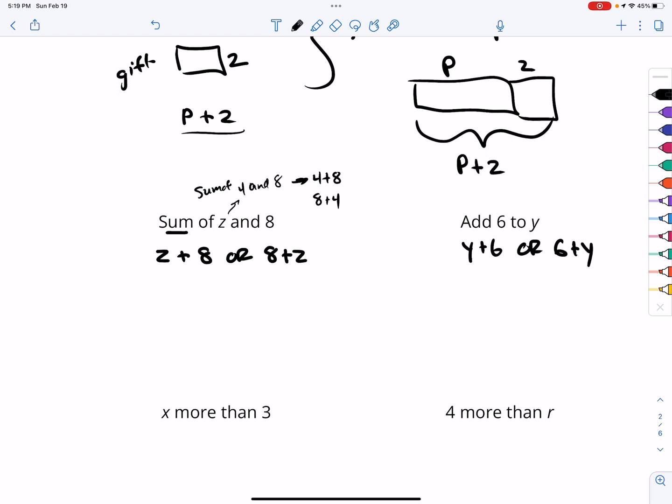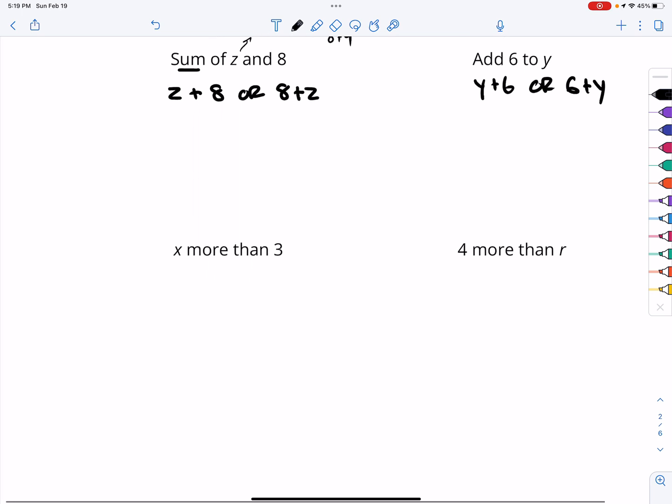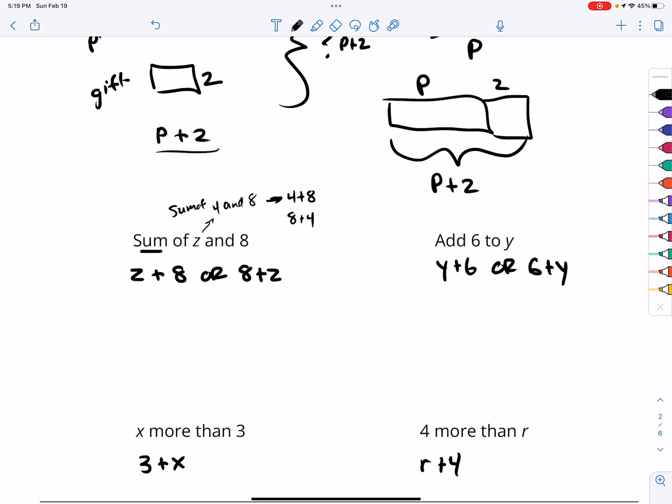Now the language that you use when we look at subtraction is going to be pretty important, so we'll keep an eye out for that to see. X more than 3. So we have 3, and we have x more than that. And then 4 more than r. So r plus 4. So addition is pretty straightforward.